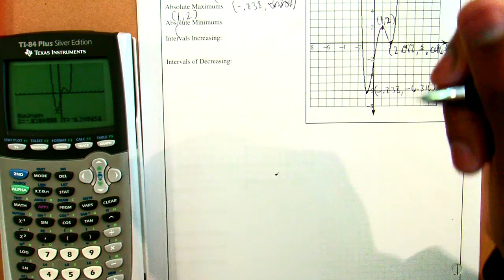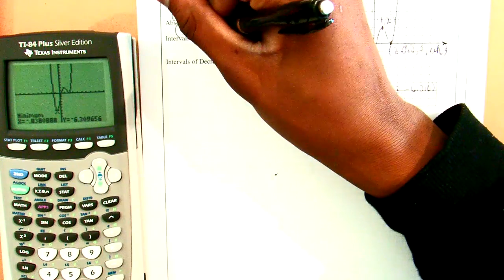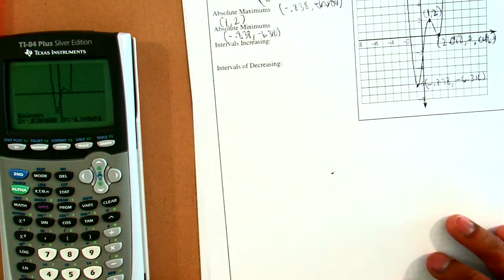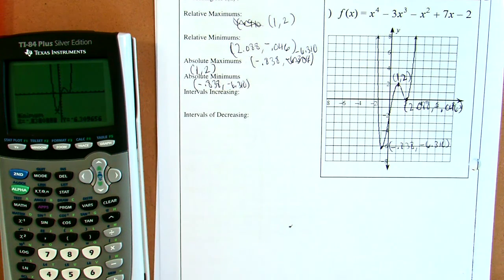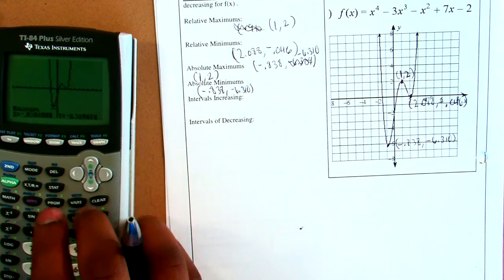So we write negative 0.838, comma, negative 6.310.